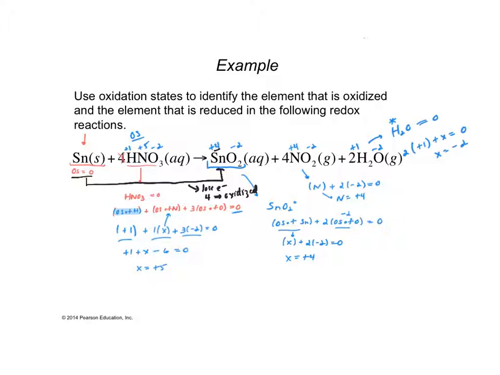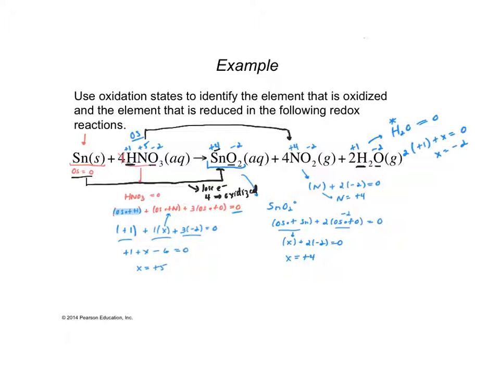And then in determining who has been reduced, if we look around, hydrogen is a +1, hydrogen is also a +1, so nothing happened there. We have oxygen as a -2, oxygen is a -2 and a -2, so nothing's happened there. Nitrogen, on the other hand, has gone from a +5 to a +4, right?